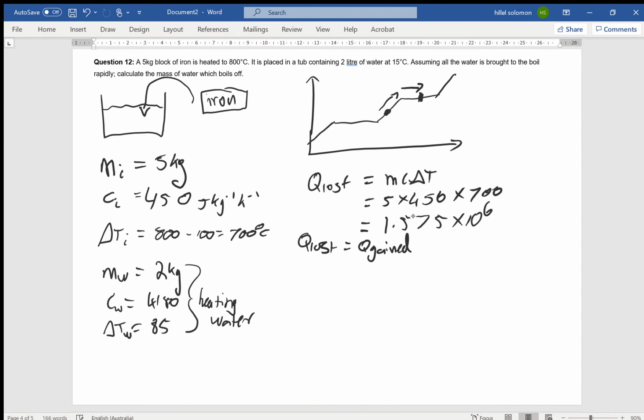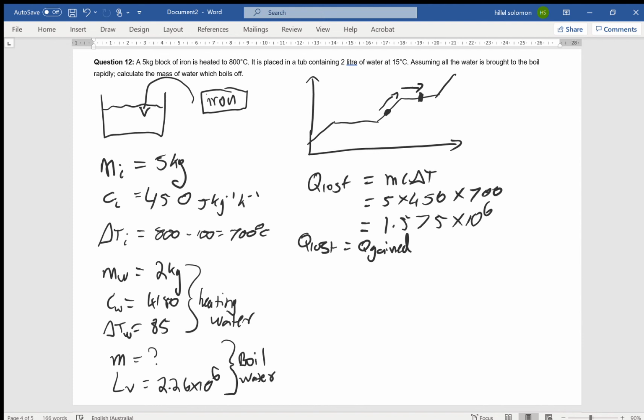And then we've also got the mass of water that turns into steam, which we don't know, and the latent heat of vaporization, which I should remember because we didn't do it that long ago, but it is 2.26 times 10 to the 6. And that is for the heat necessary to boil the water.